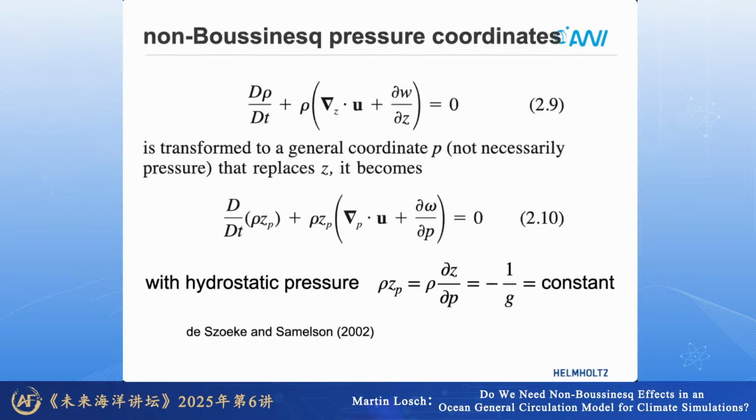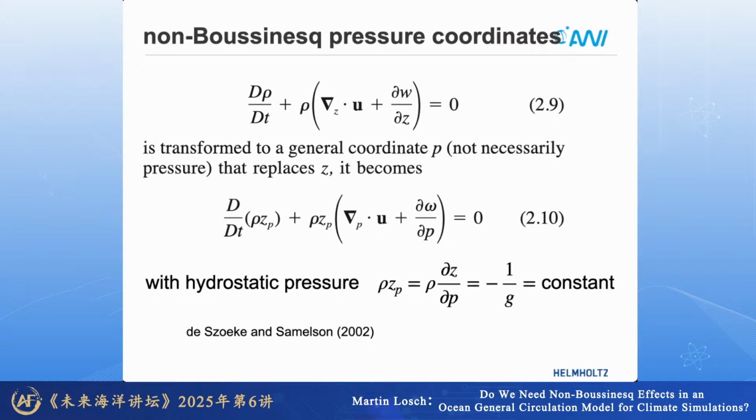This was the method of reinterpreting the variables. But there's another method, and this is based on de Szoeke and Samelson, and they nicely describe that if you do a change of vertical coordinate, which doesn't have to be pressure, but can be interpreted as pressure, then your continuity equation, 2.9 here, can be written in the form 2.10, where now the horizontal gradient, the nabla term, is along pressure or p coordinate lines and not along z coordinate lines anymore.